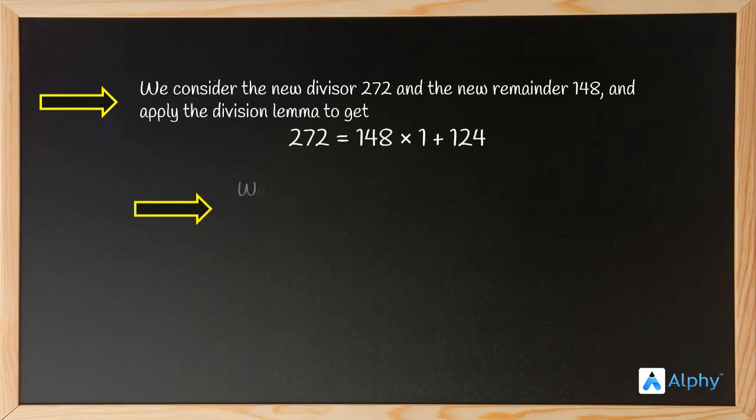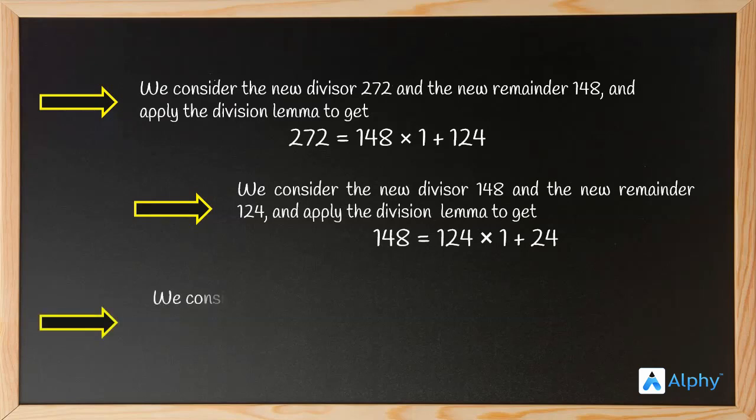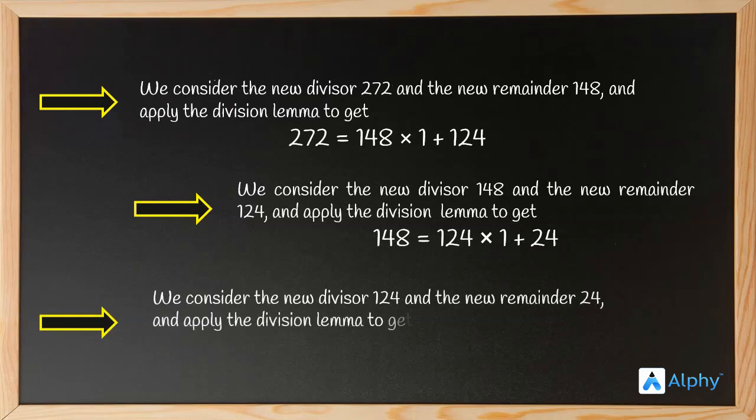So we will consider the new divisor 148 and the new remainder 124 and apply the lemma again. 148 is equal to 124 into 1 plus 24. Since again we got 24 instead of 0, let's apply the lemma again. We consider the new divisor 124 and the new remainder 24 and apply the division lemma to get 124 is equal to 24 into 5 plus 4.